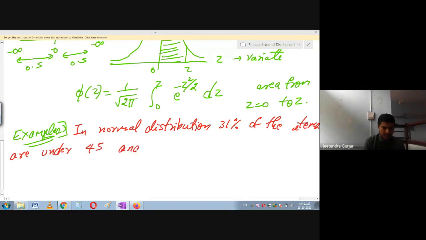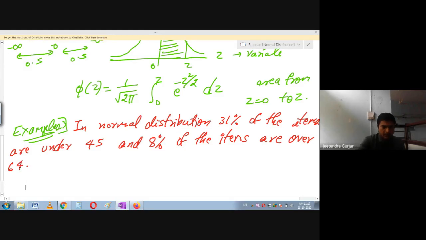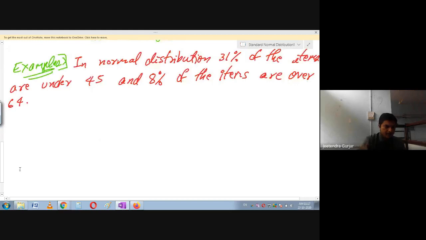This is the question they have given, and 8% of the items are over 64. So this is what they have told. These things are given. Then you're going to find a completely different quantity, students.